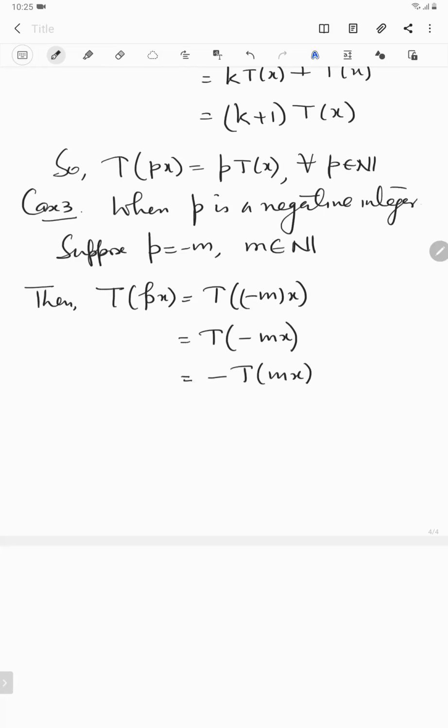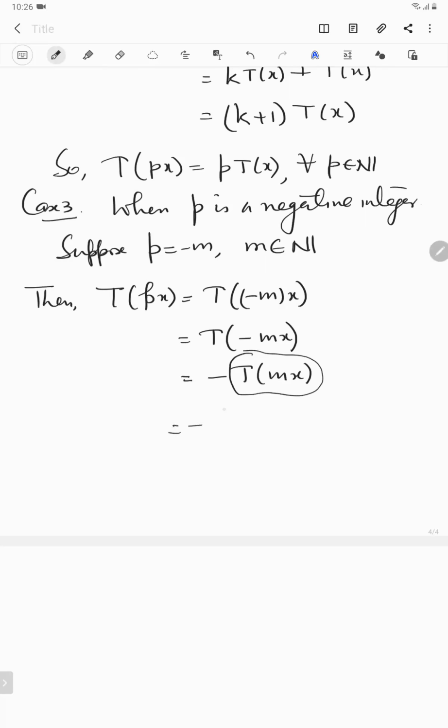This is the property number 2 of the same theorem, where we proved that t of minus x is minus t of x. Now forget everything. This term t of mx, where here m is a positive integer, and we have just proved that the result is true when p happens to be a positive integer.